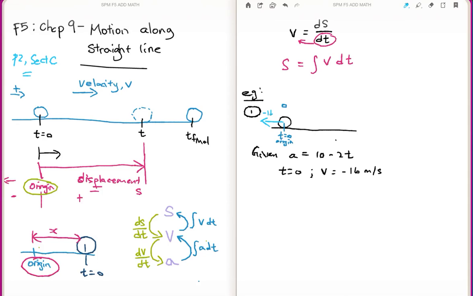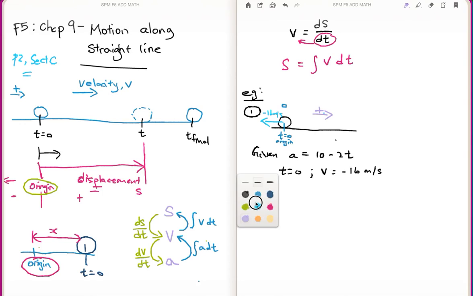Negative 16 when t is 0. Assume the motion to the right is positive, so negative 16 is to the left.